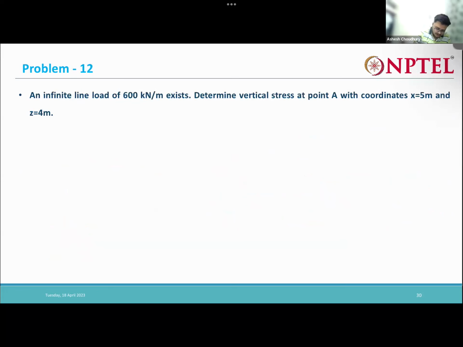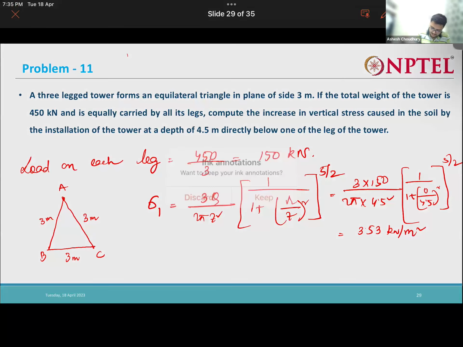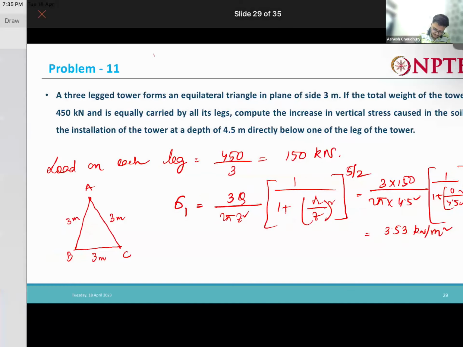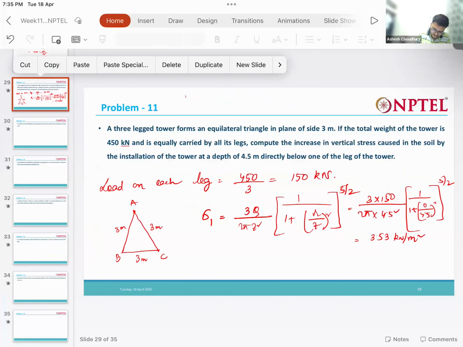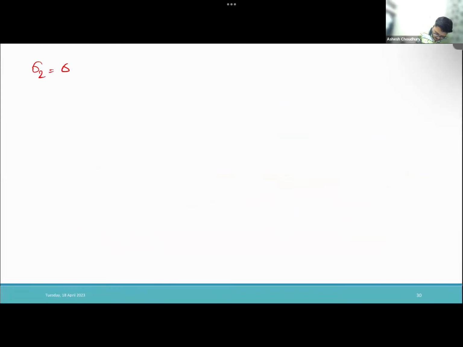Again, I have to make some space. So this will be contributing 3 Q by 2 pi Z squared, by 1 plus (R by Z) squared, the whole power 5 by 2.